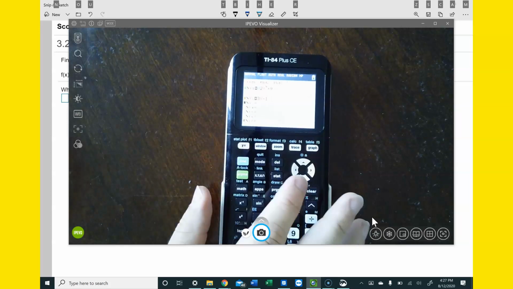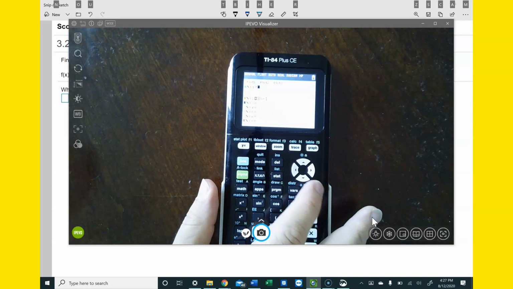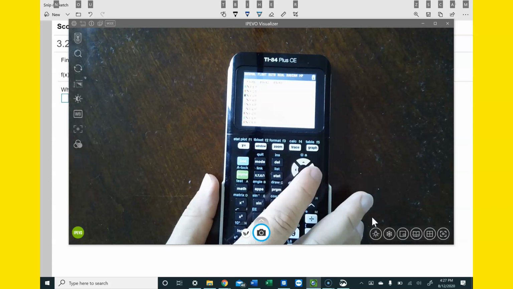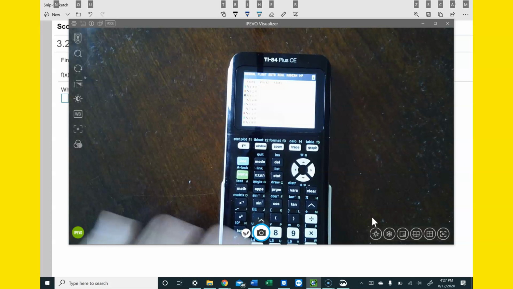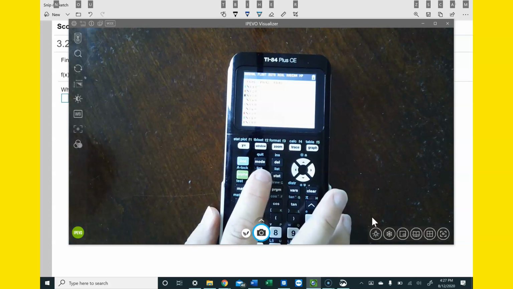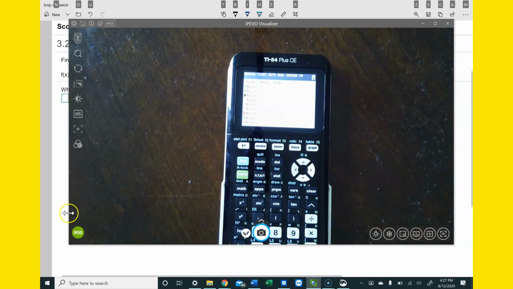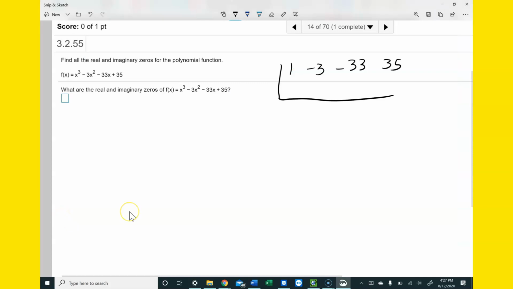We could graph this function. If I can remember what it was, let me look back at it. X to the third minus 3x squared minus 33x plus 35.